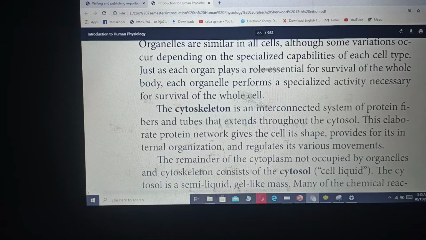In the case of plant cells, they may include chloroplast, mitochondria, endoplasmic reticulum, and many more. Similarly, non-membranous organelles include vaults as well as ribosomes and centrioles.